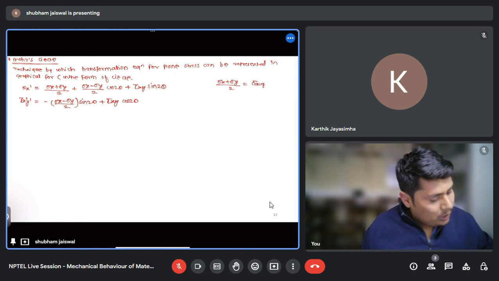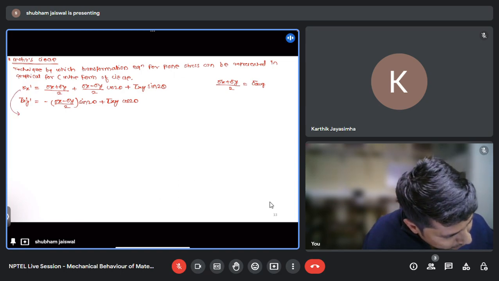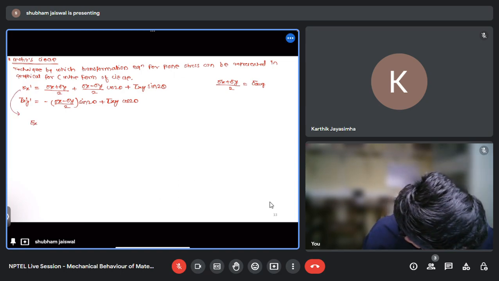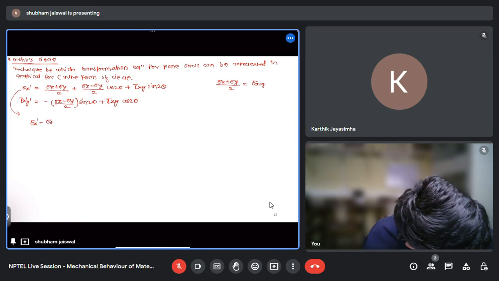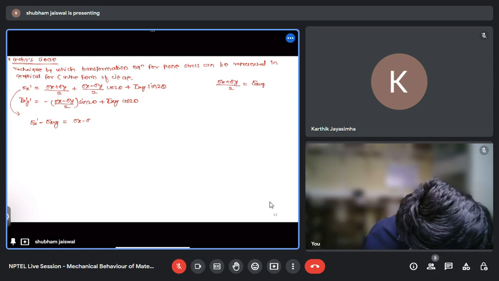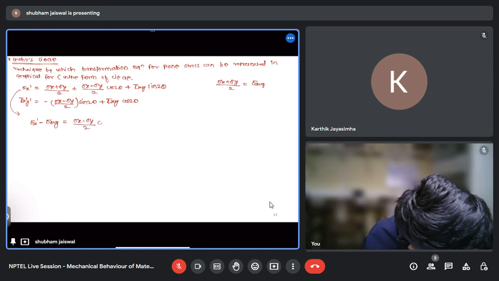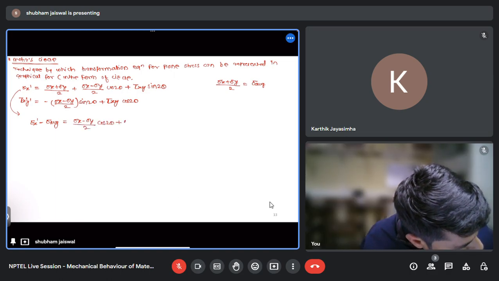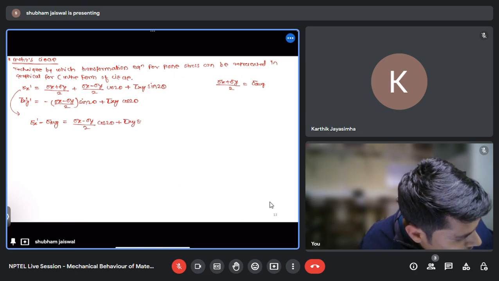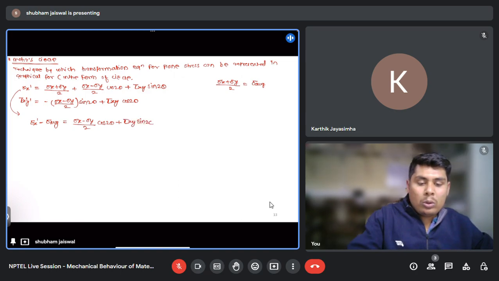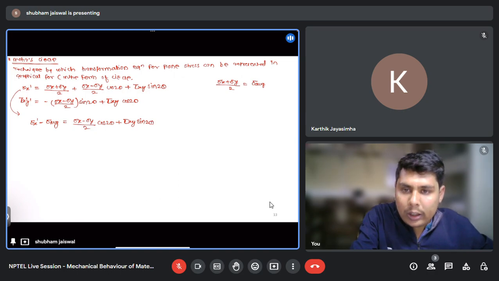Now if I rearrange this equation 1, we get sigma x prime minus sigma average equal to (sigma x minus sigma y) by 2 cos 2 theta plus tau xy sin 2 theta. Now, take a square on both sides.